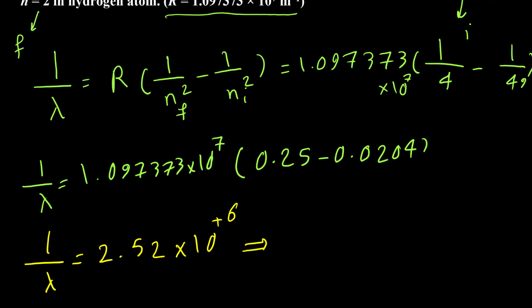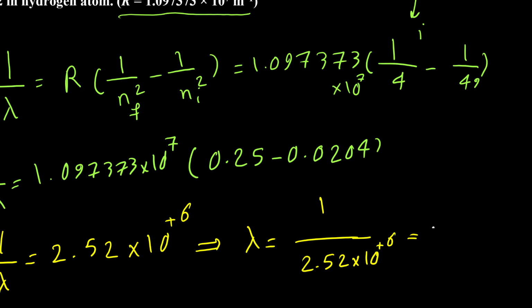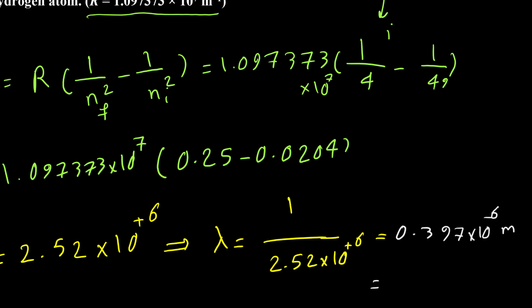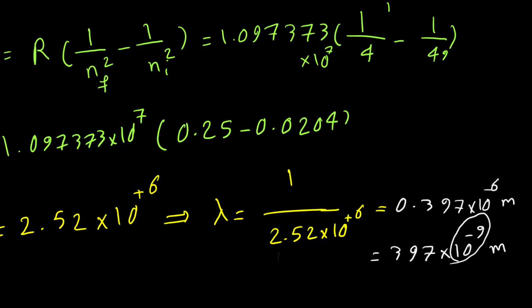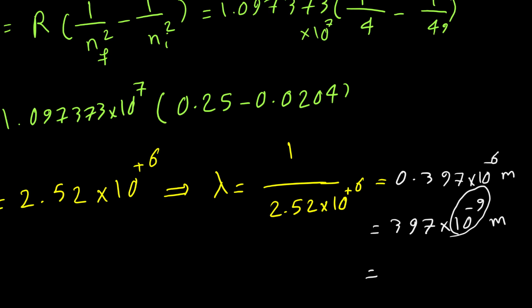So we need to flip this equation, and lambda is equal to 1 over 2.52 times 10 to the positive 6, which is equal to 0.397 times 10 to the negative 6 meter, or we can write 397 times 10 to the negative 9 meter, and we know 10 to the negative 9 is called nano. So the wavelength of the radiation is 397 nanometers.